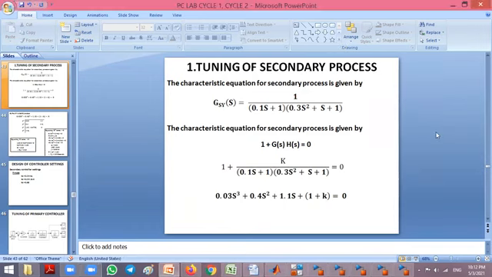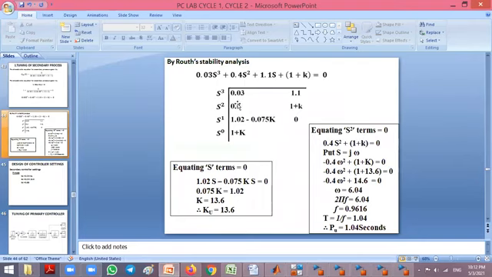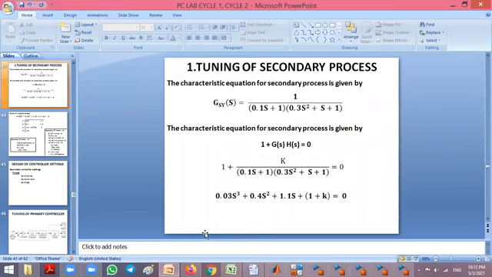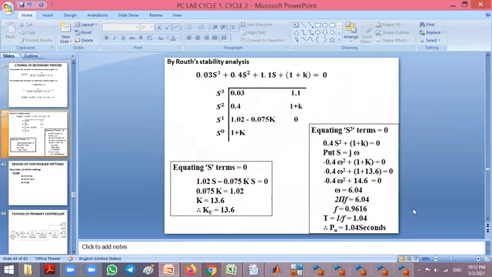Now you apply the Routh criteria. I'm recalling the same equation. Okay, whatever we have got here, this equation is recalled in the next slide. See, we are going to do the Routh stability analysis. So 0.3 S cube plus 0.4 S squared plus 1.1 S plus 1 plus k is equal to 0. First you write the odd terms.